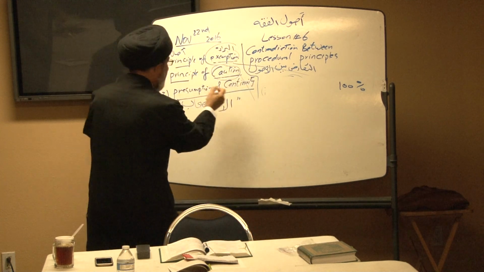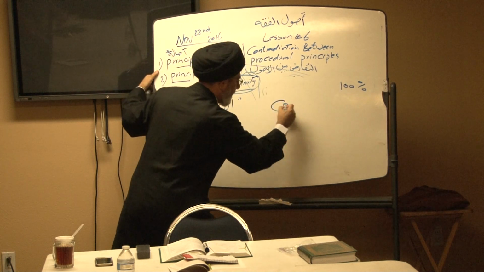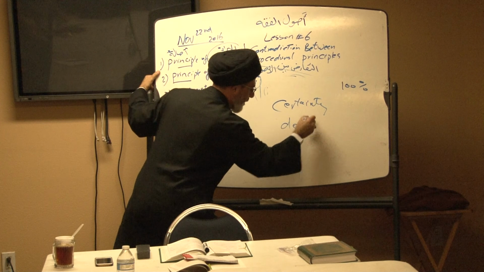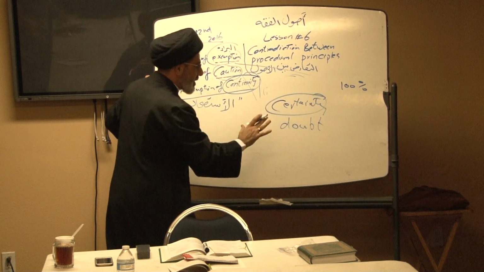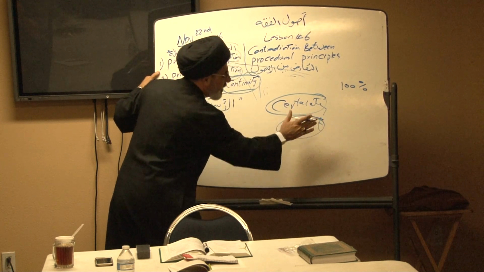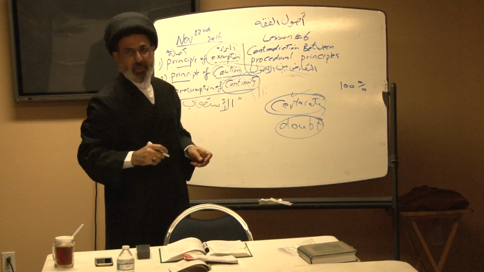Remember, istishab, continuity, has two sides. One of them is certainty. One of them is doubt. You are certain, but you reached a point where you have a doubt. Here, they say, don't care about the doubt. Depend on certainty. Okay?